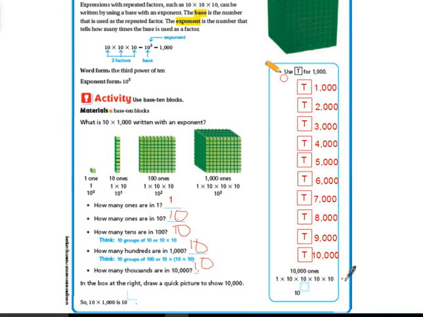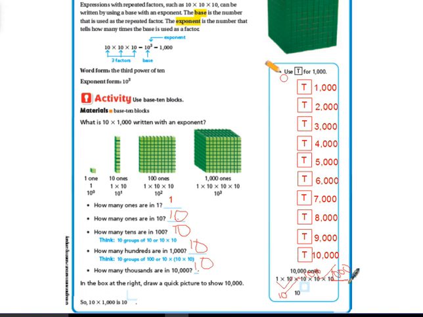So you're telling me I had 1 of them to start with, times 10, times 10, times 10, times 10, and I got 10,000 when I used base 10. So 1 times 10 is 10. 10 times 10 is 100. 100 times 10 is 1,000.